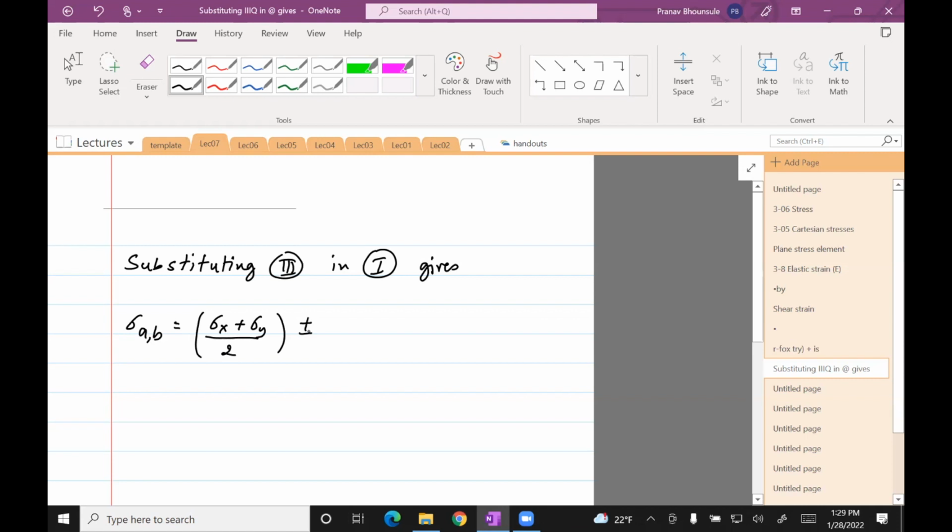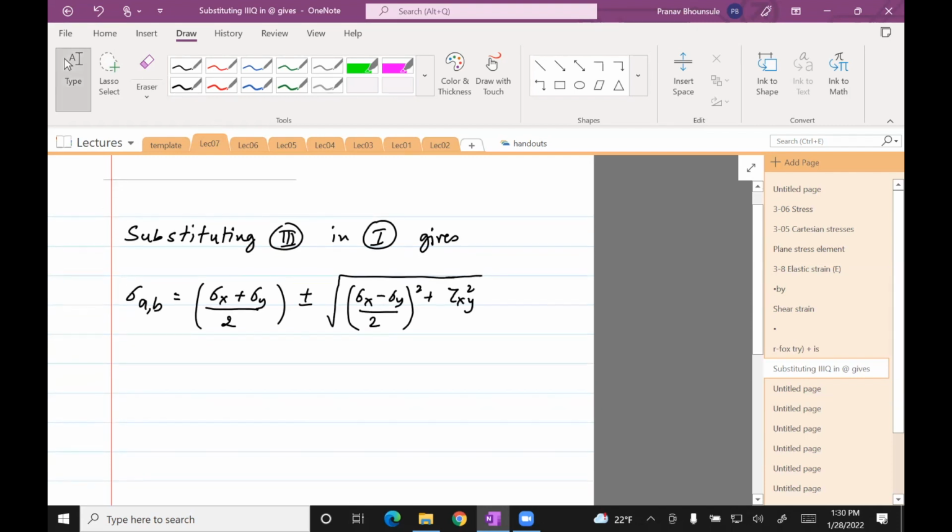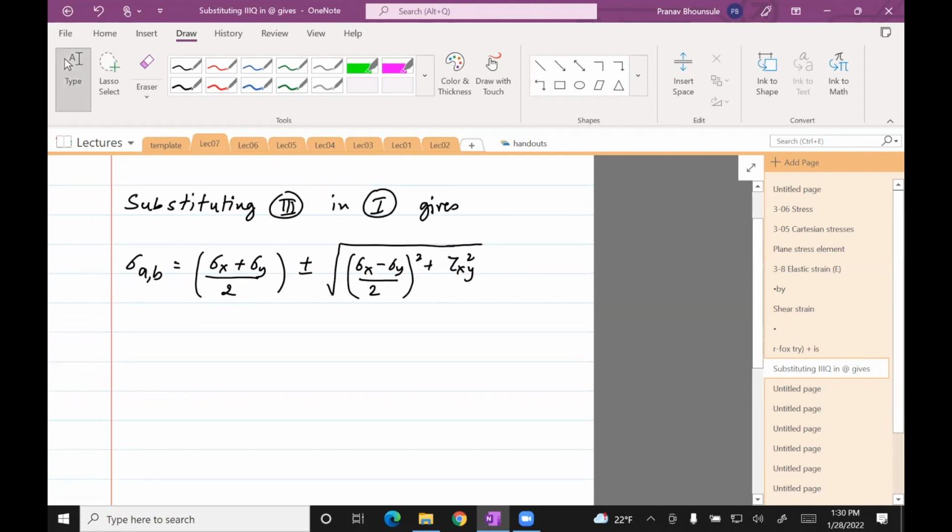The plus goes for A and the minus for B. Okay, so those are sigma A and sigma B, the principal stresses.